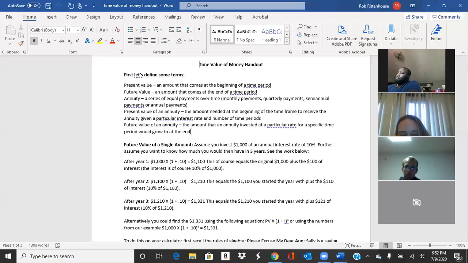Future value of an annuity, then an example would be like, well, what if I invest $5,000 a year for 20 years at an 8% rate of interest? How much would I have at the end of that? Okay, so hopefully those terms make some sense.